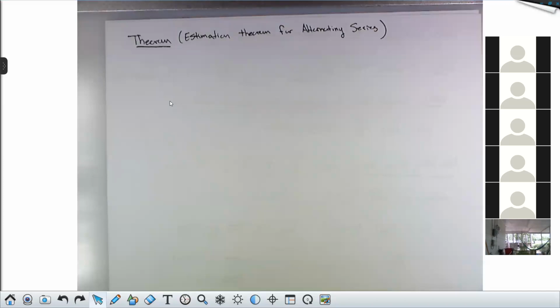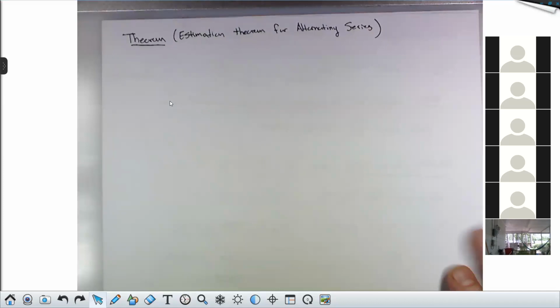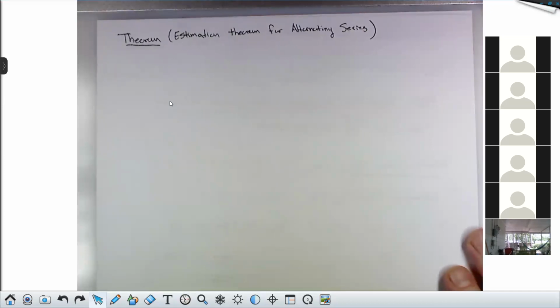With the exception of geometric series and telescoping series, we can't do this. Now we have something that will help us in the slightly more general case of alternating series. So I'm going to state the theorem for you. We'll talk a little bit about what it means, and then we'll look at some examples.